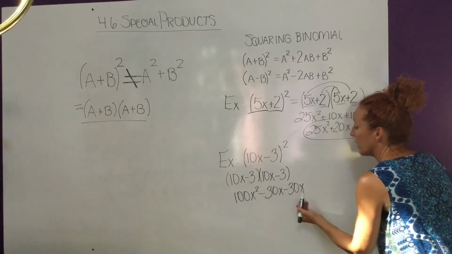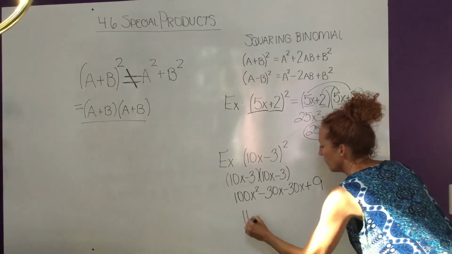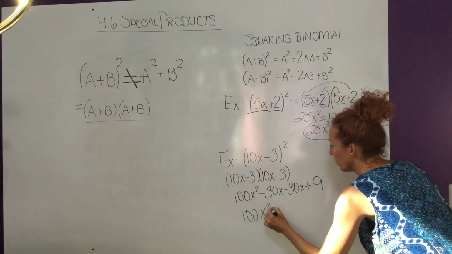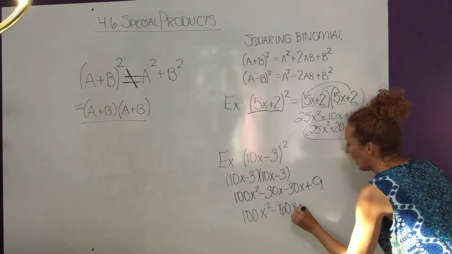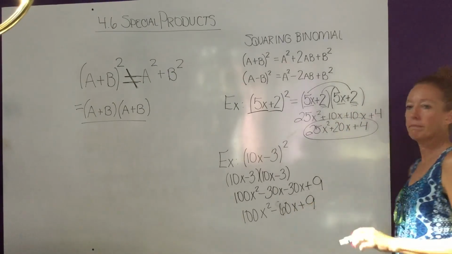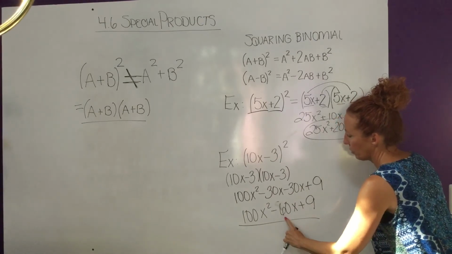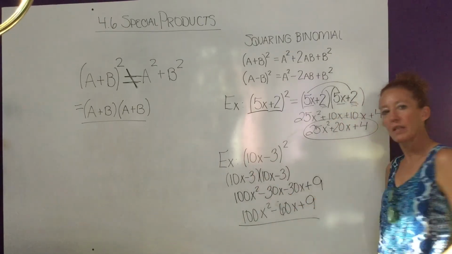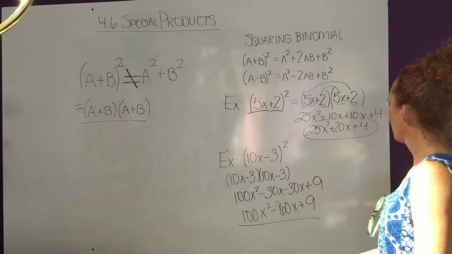See, that number gets repeated, so it ends up being doubled, plus 9. 100x squared minus 60x plus 9. Final answer. This is twice what 3 times 10 is. So that's where that comes from once again.